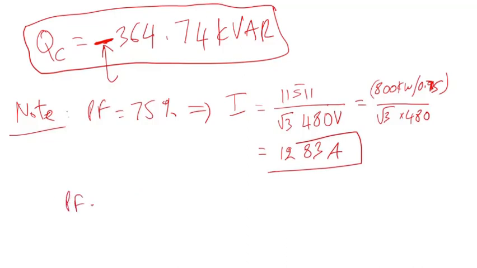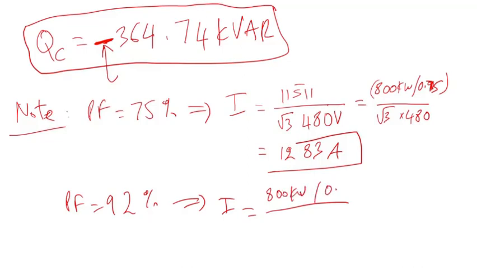With the power factor of 92%, the current is equal to 800 kilowatt divided by 0.92 times square root of 3 times the line-to-line voltage, which is 480 volts, which is equal to 1046 amps.